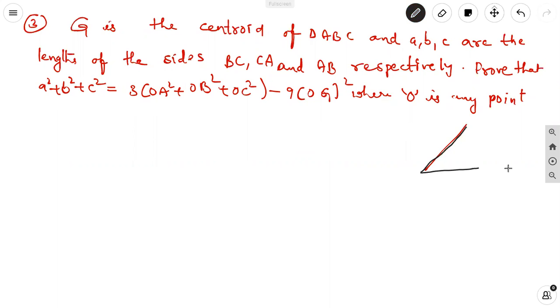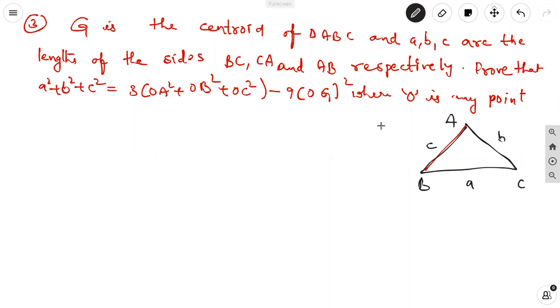The triangle is ABC triangle. Here they have given small a for BC, small b for AC, small c for AB. Those are the lengths.